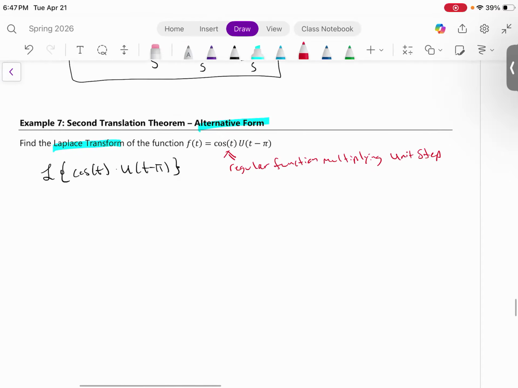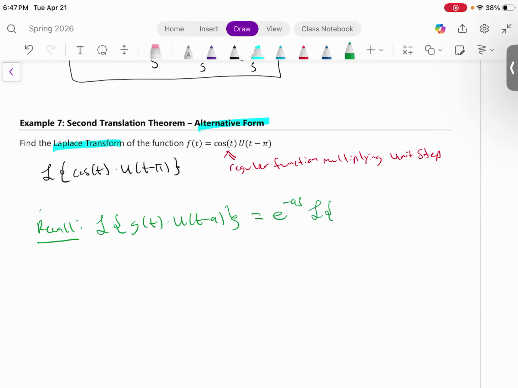So in that case, what is the second translation theorem? So, recall the second translation theorem alternative form, from the previous page, is g of t times a unit step function t minus a equals e to the negative as times the Laplace of g of t plus a.